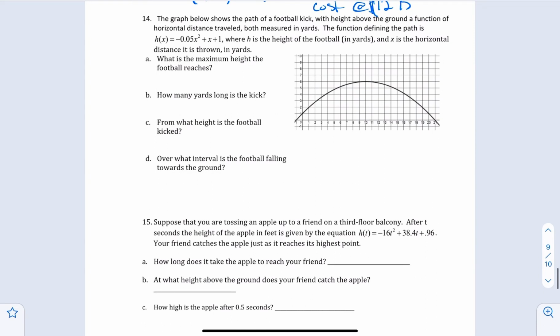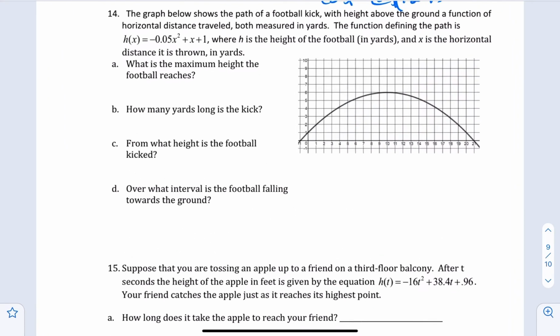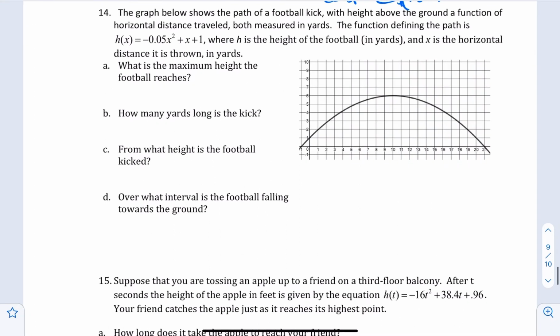Man, I love Desmos. The graph below shows the path of a football kick with height above the ground as a function of horizontal distance traveled. So x is horizontal distance and y is height. They're both being measured in yards.